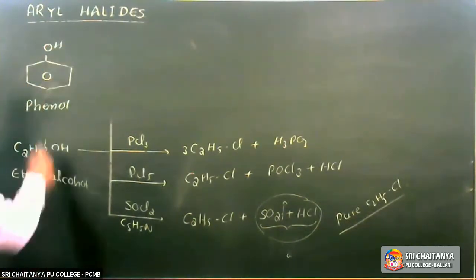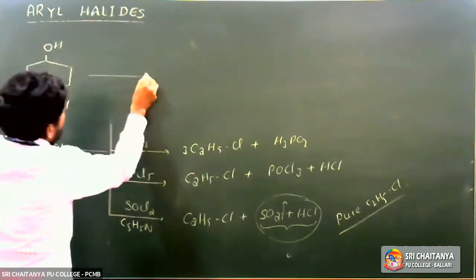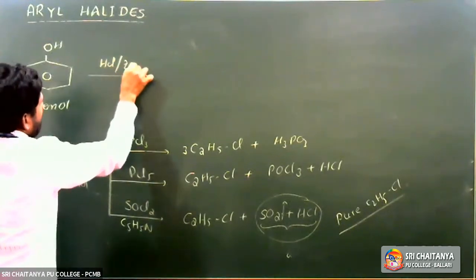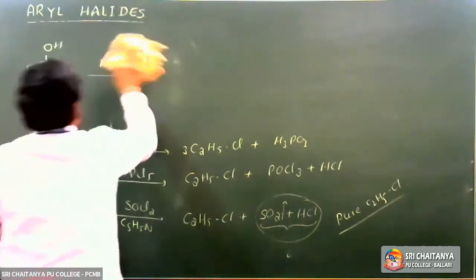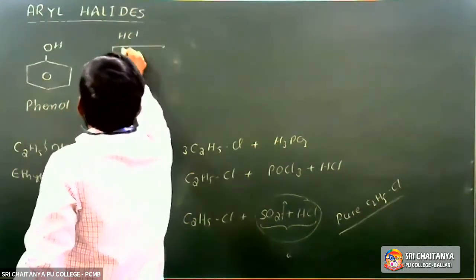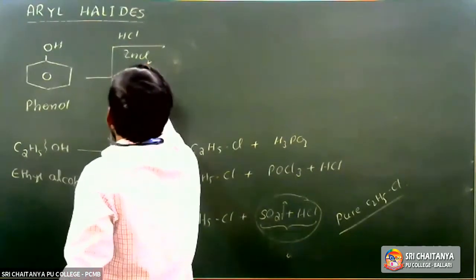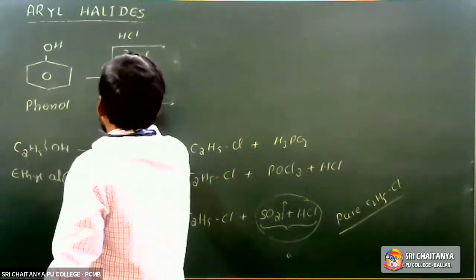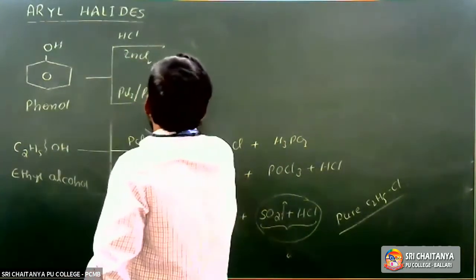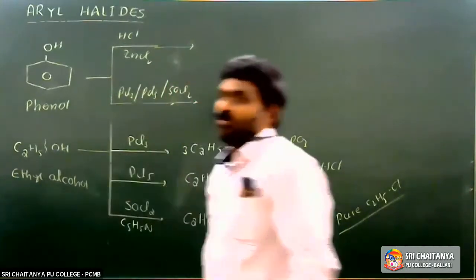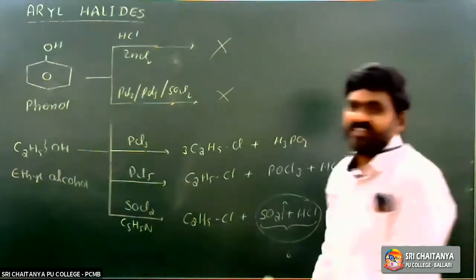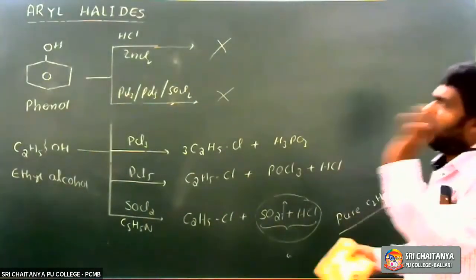So this phenol is treated with HCl in the presence of anhydrous zinc chloride, ZnCl2, or it is treated with PCl3, PCl5 or SOCl2. Here, chlorobenzene is not obtained, or chlorobenzene is not formed.